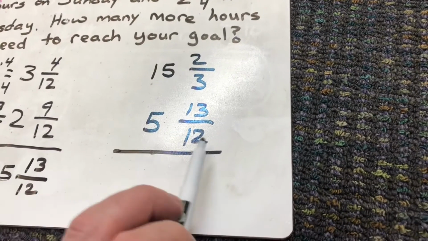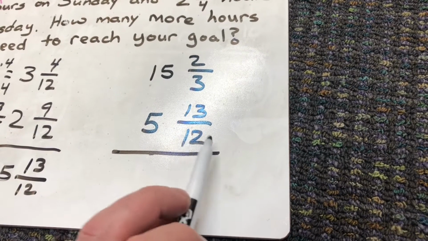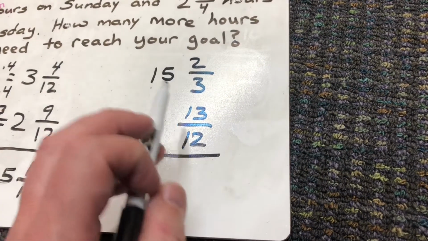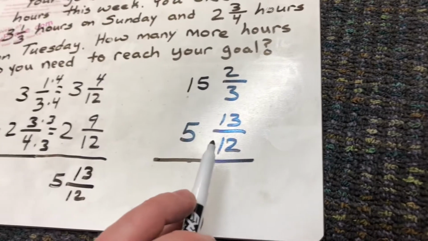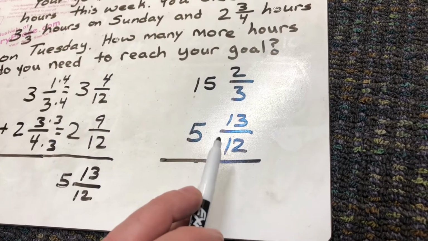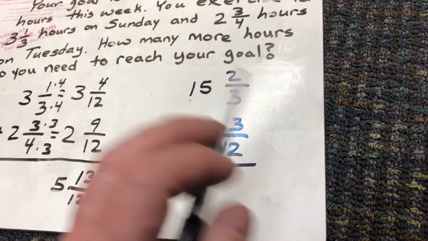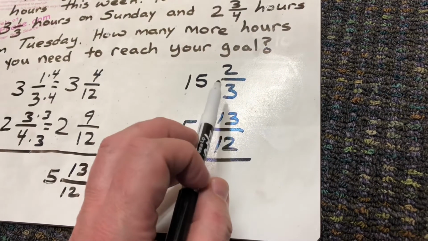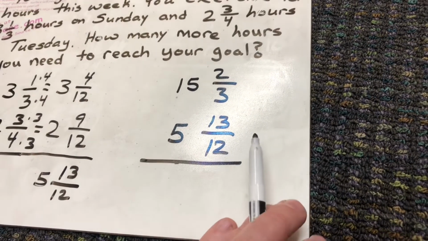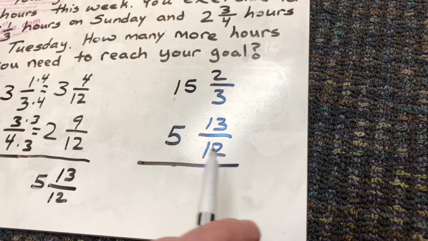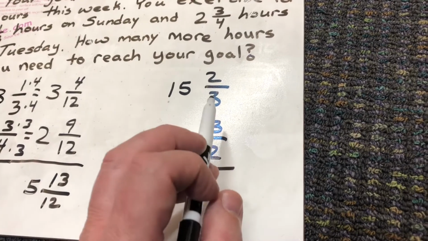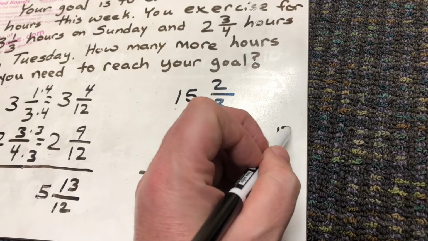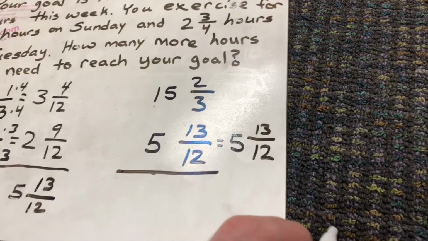The reason I'm subtracting is this is how much I've exercised up to this point, and to figure out how much more I need to reach my goal, I've got to subtract this from my actual goal, which is 15 2/3. Like I said before, 12 times 1 is 12, and 3 times 4 gets me 12. So my 5 13/12 is going to stay the same.